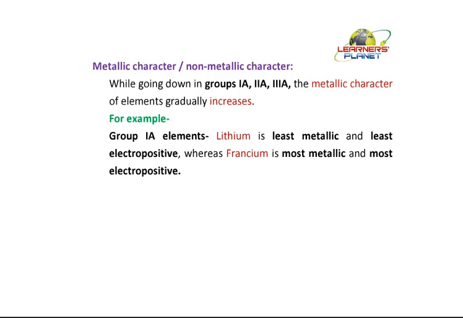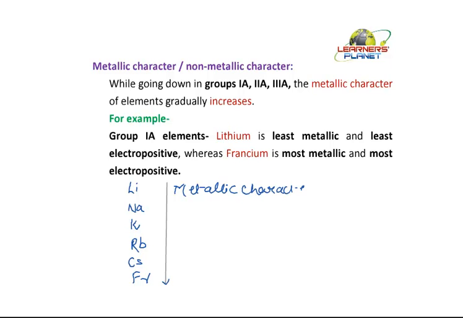These are lithium, sodium, potassium, rubidium, cesium and francium. So what is happening to the metallic character down the group? The metallic character down the group is increasing. So what I'll write here: the metallic character is increasing.